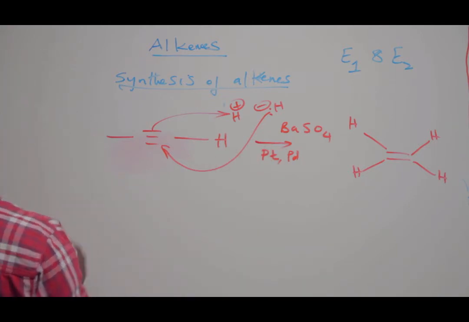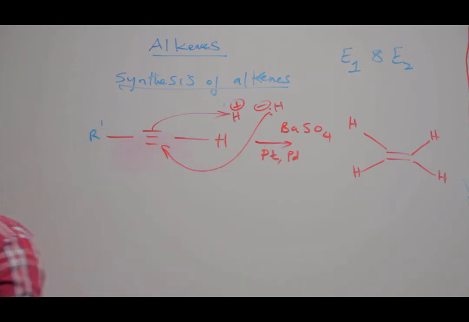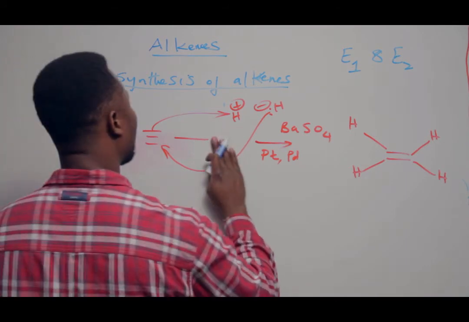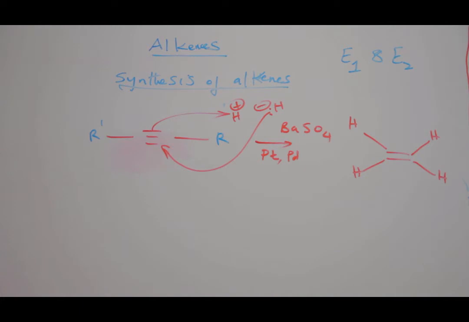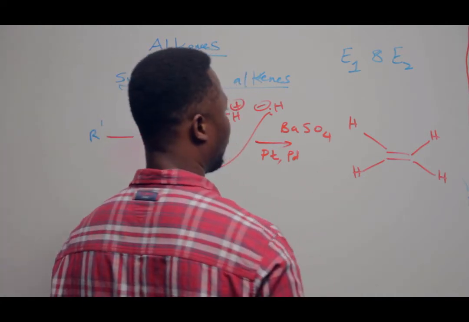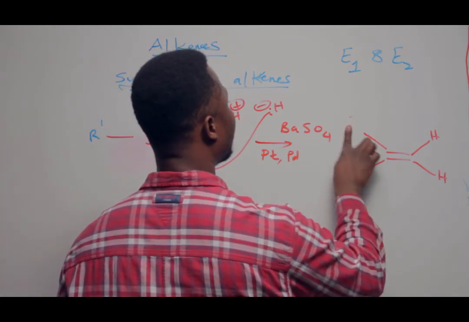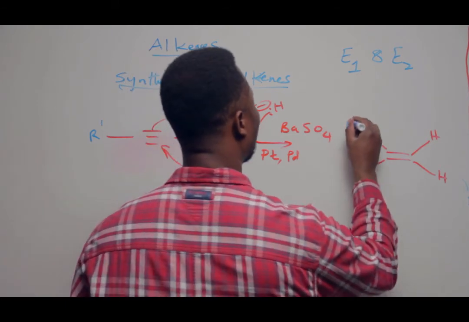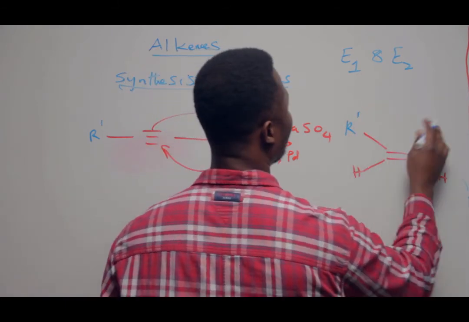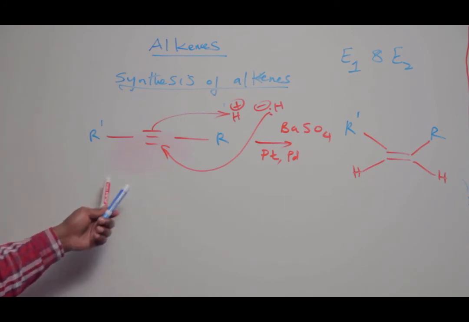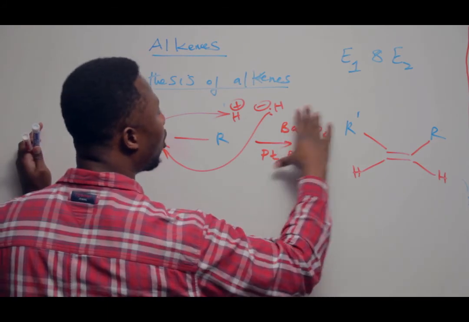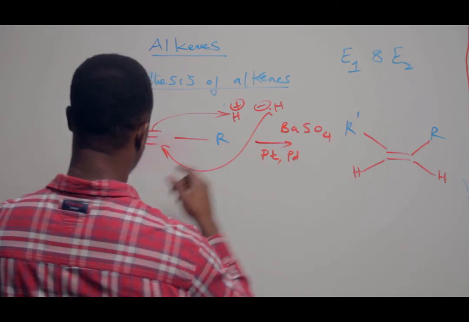Let's pretend that instead of this, I have an R prime, and over here I have an R. Okay, let's show that. What happens is that this would have formed an R prime and an R. Because if you notice, this will form this into a cis.